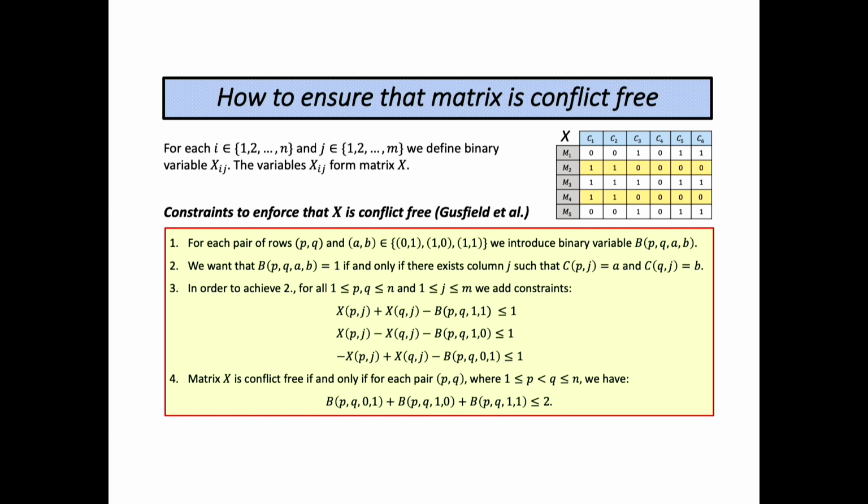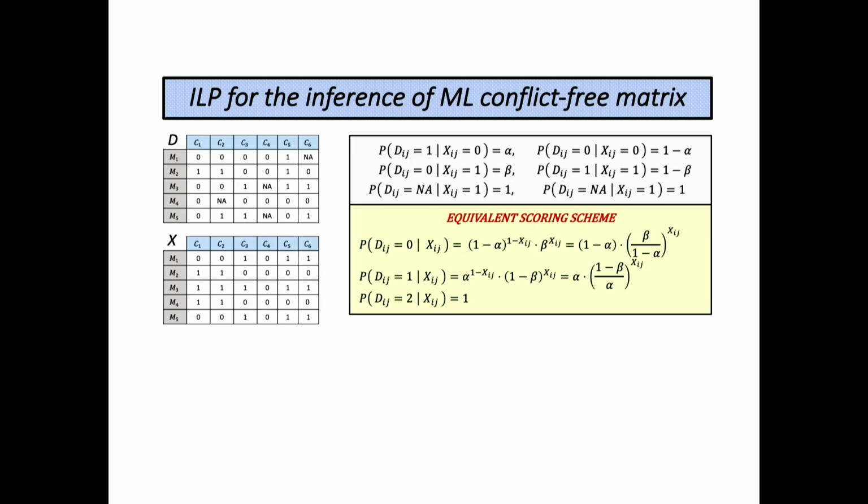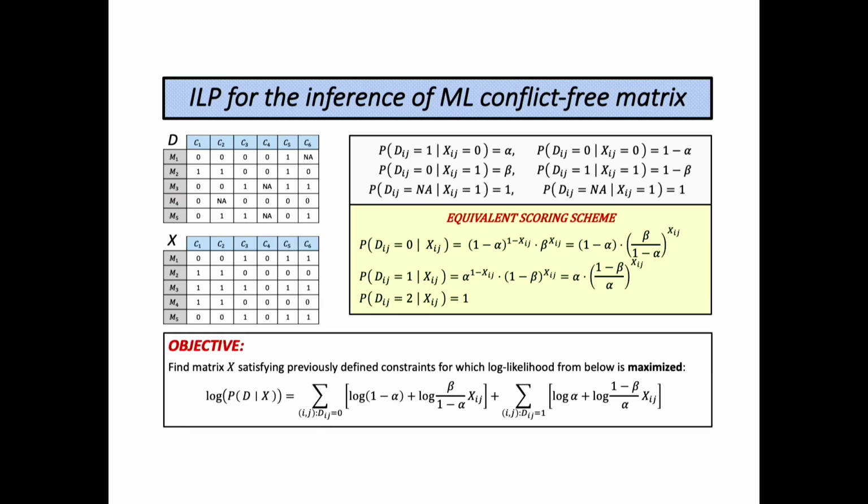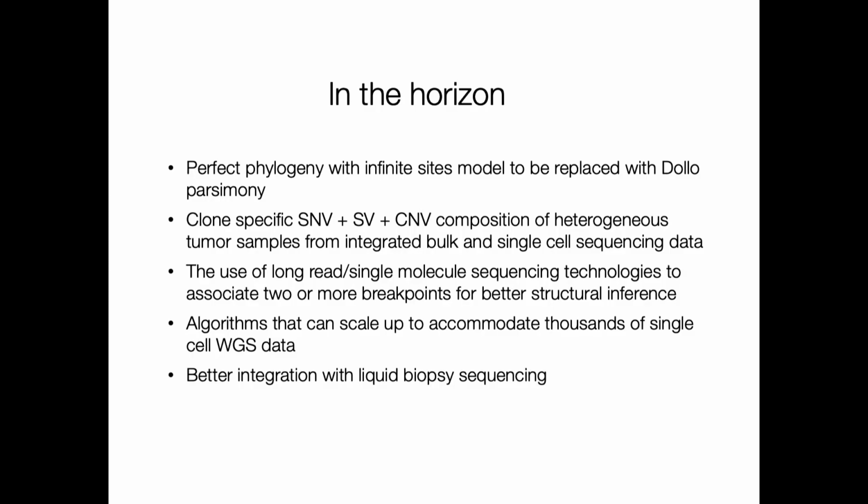Interestingly enough, there's an equivalent weighted MaxSAT formulation that I'm not going to get into that achieves exactly the same goal. And with some of the available tools for solving MaxSAT, you can get reasonable results on typical single cell mutational data in minutes. So again, there are some details that I'm going to skip.